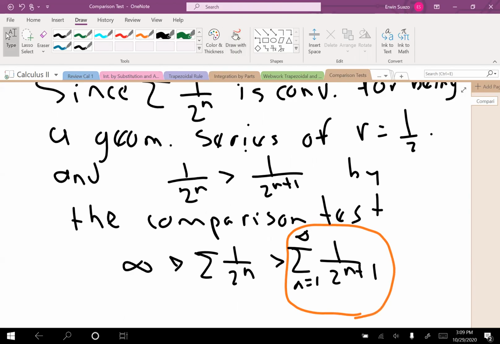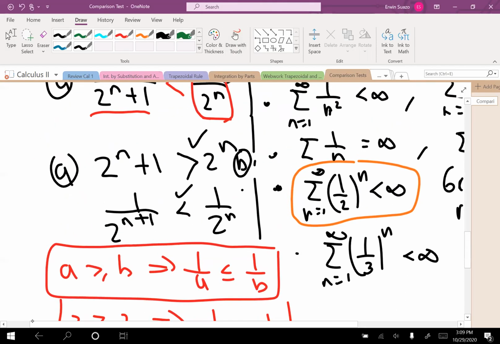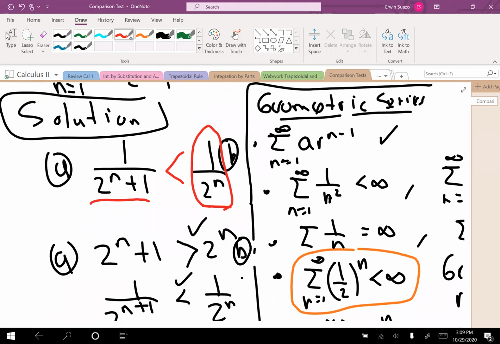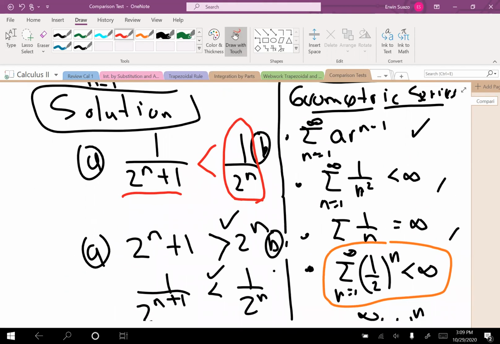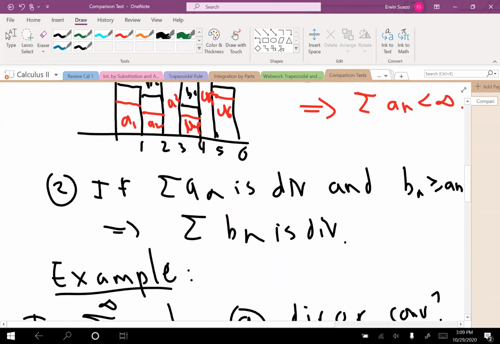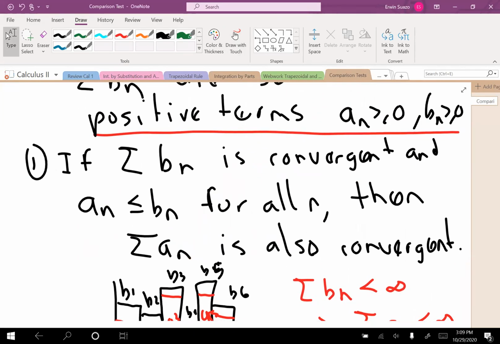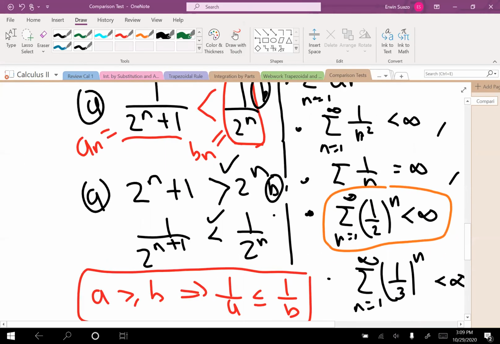Basically, I'm saying this guy is a sub n, this guy is b sub n, and I'm using the comparison test. If the sum of b sub n is convergent and a sub n is less than or equal to b sub n for all n, then the sum of a sub n is also convergent. So that's what I'm using, the comparison test.